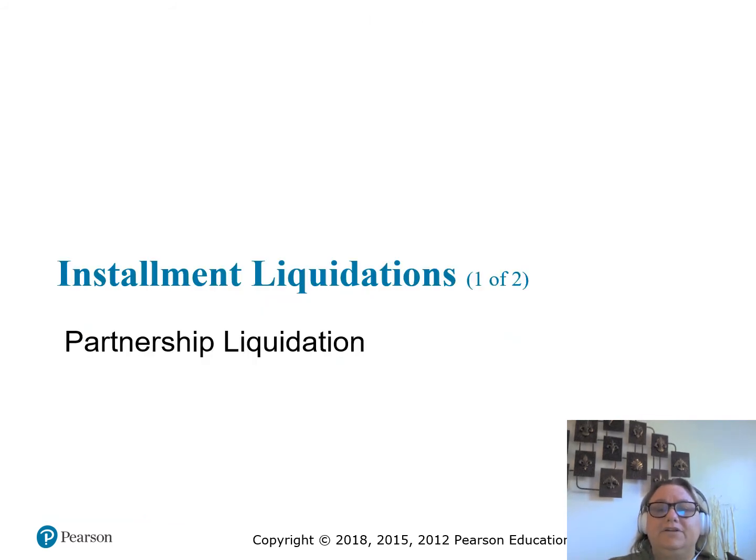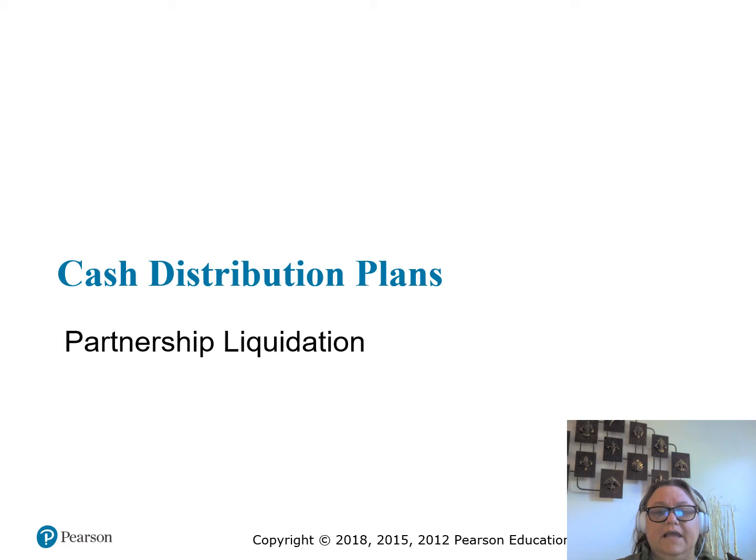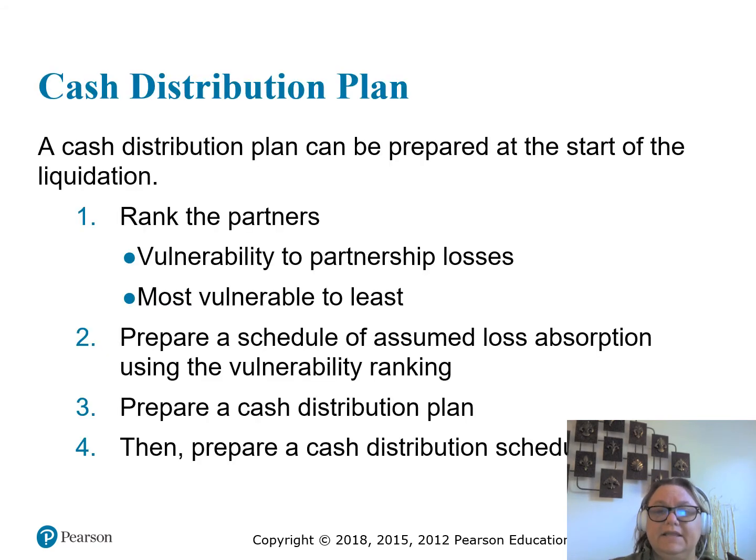Let's look at partnership liquidation. Okay, so let's look now at the cash distribution plan in a partnership liquidation. A cash distribution plan can be prepared at the start. So what you'll do is you'll rank the partners' vulnerability to losses from most to least. Now, I specifically remember doing this last year and trying to remember who was the most.